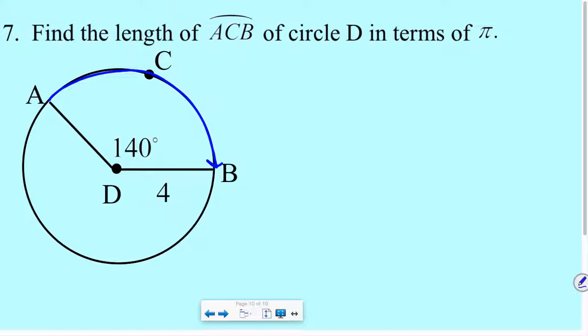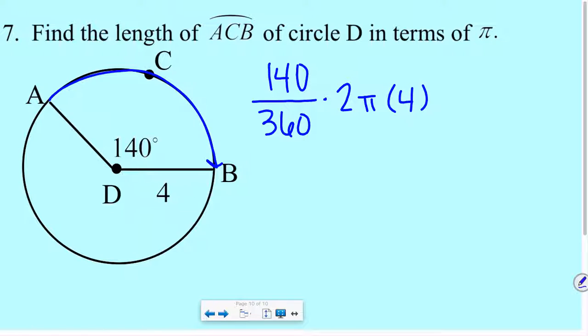Arc ACB there is a measure of 140, so we're going to do 140 over 360 times 2 pi times 4, that's our radius. So there's your starting work.